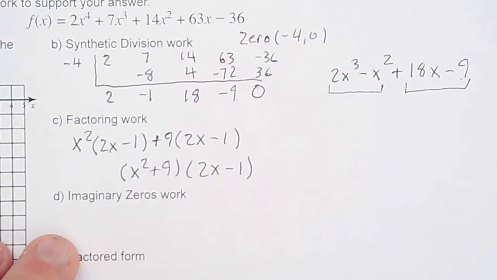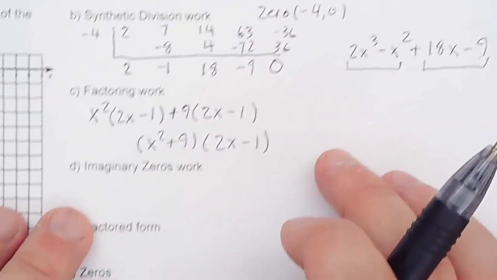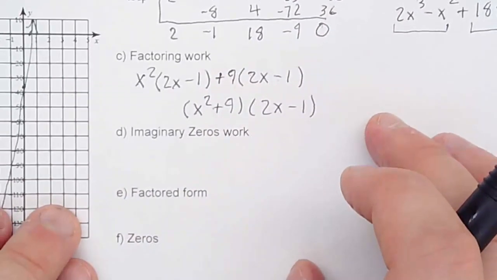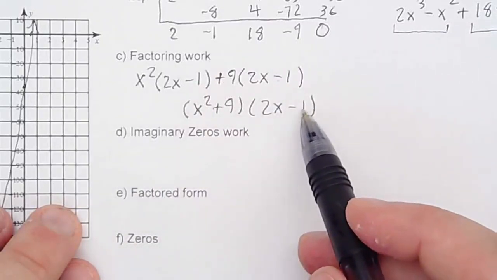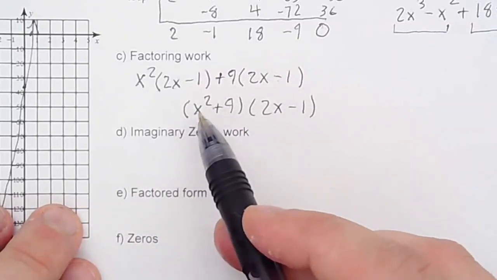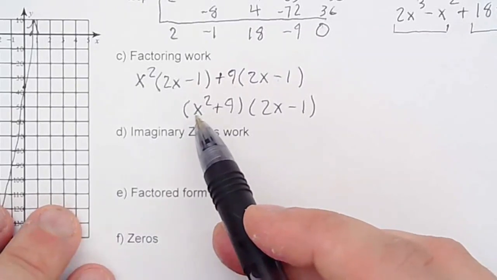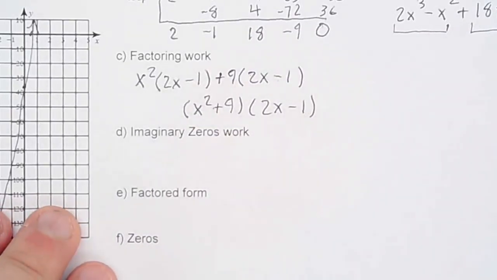The work for our imaginary zeros: when I look at these two, I can get a 0 out of this pretty nicely. X squared plus 9 is not going to give us real zeros. You can check that using the square root method, or if you want to use the quadratic formula.